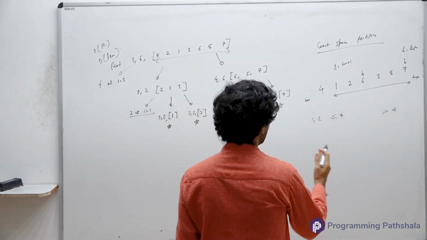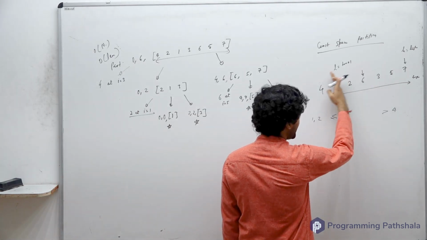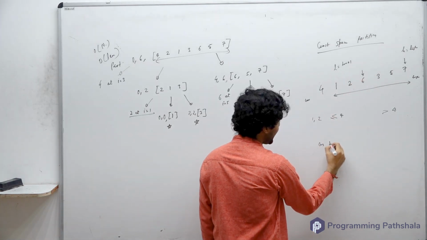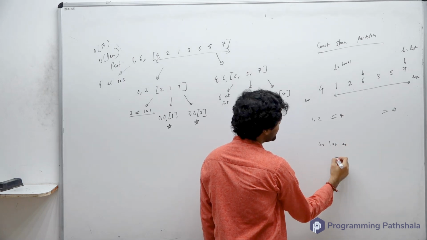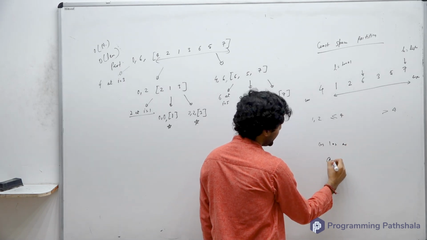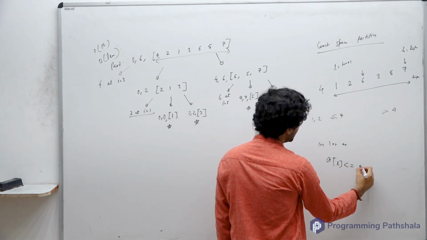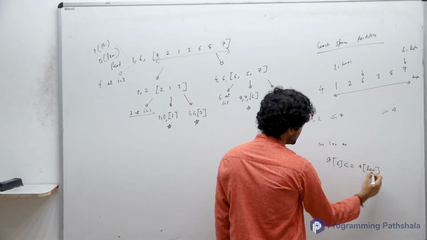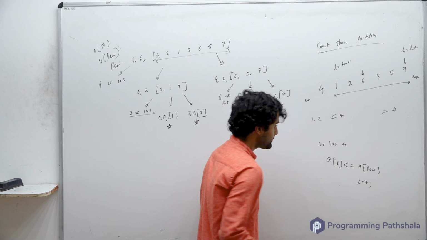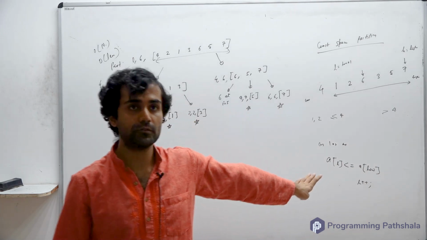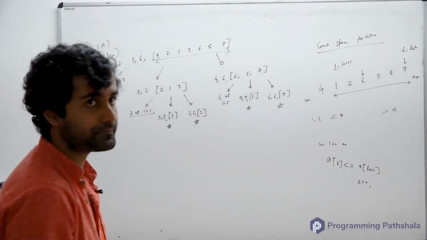The way you incremented your low pointer: as long as A of L was smaller than or equal to A of low, you kept on doing L plus plus. Isn't it? This is what you did, right?